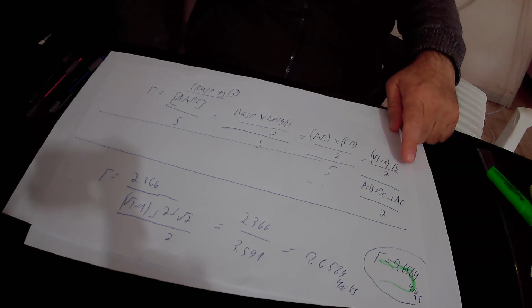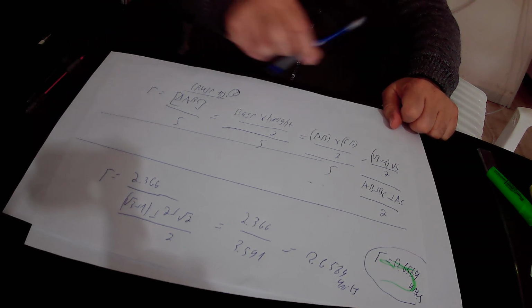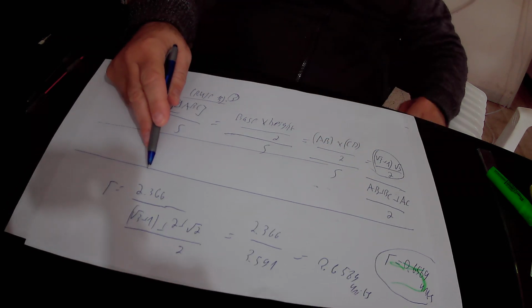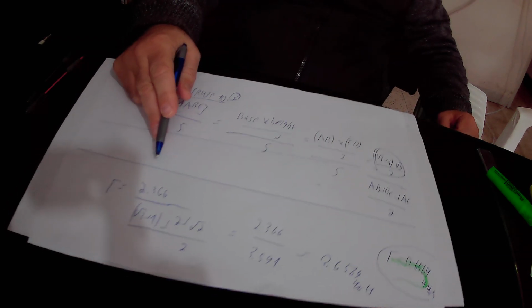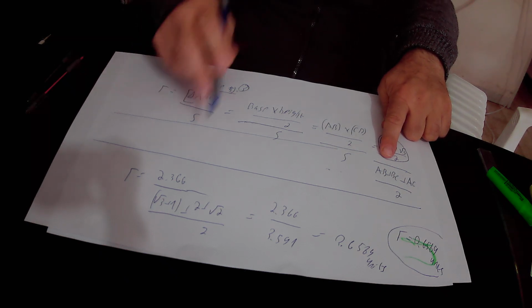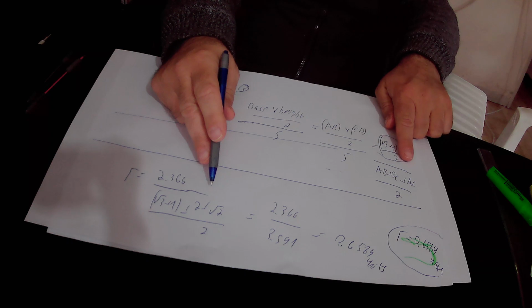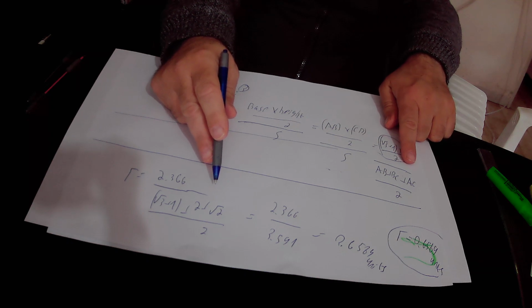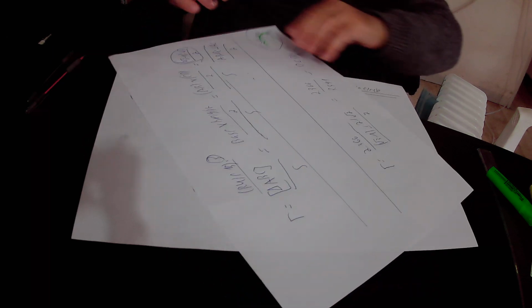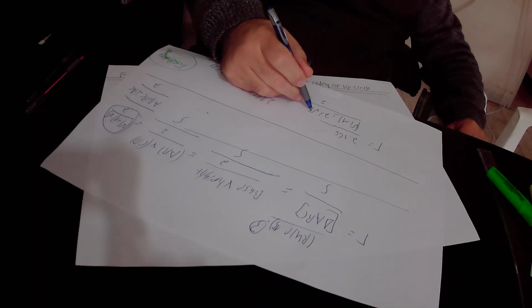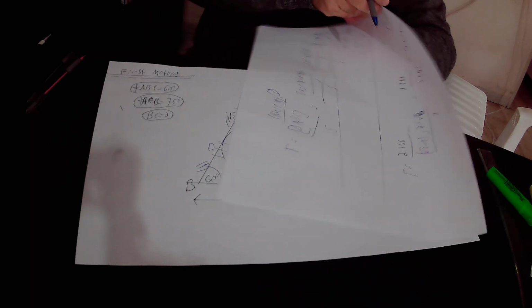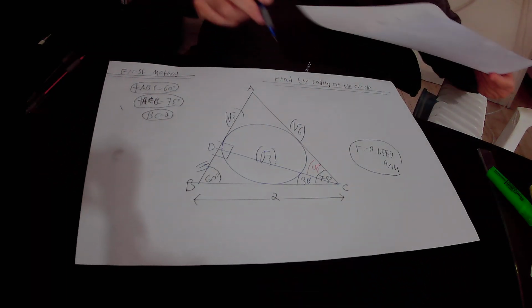This expression in total equals 2.366, and it is divided by AB, that is square root of 3 plus 1, plus BC, that is 2, plus AC, that is actually square root of 6 units. Here AC is square root of 6 units.